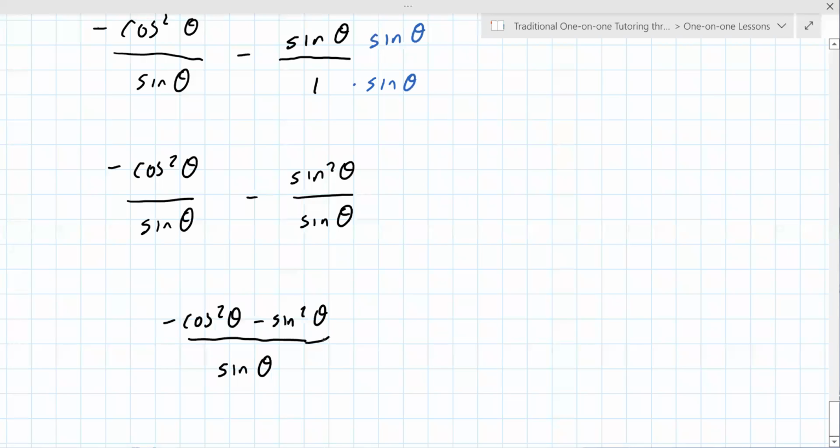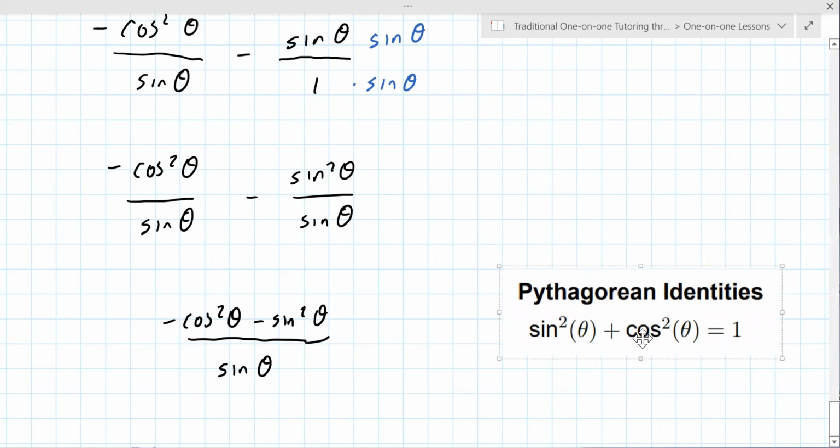And again, it still doesn't look all that simplified. You could even say it's still as bad as before. There is a Pythagorean identity in play though. Can you tell me how the top is related to this over here?